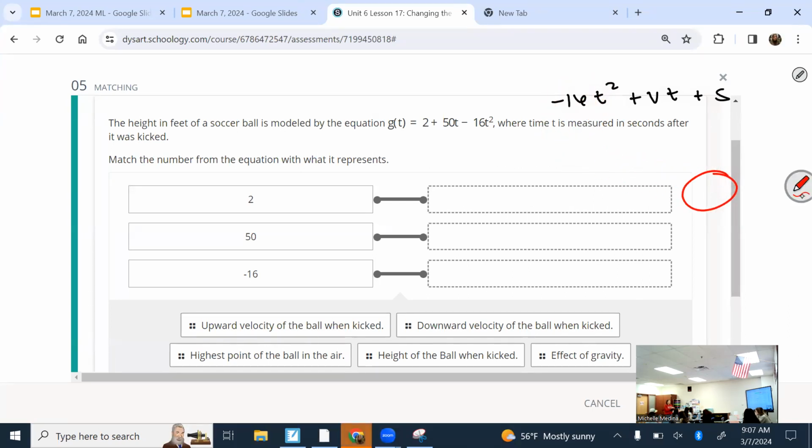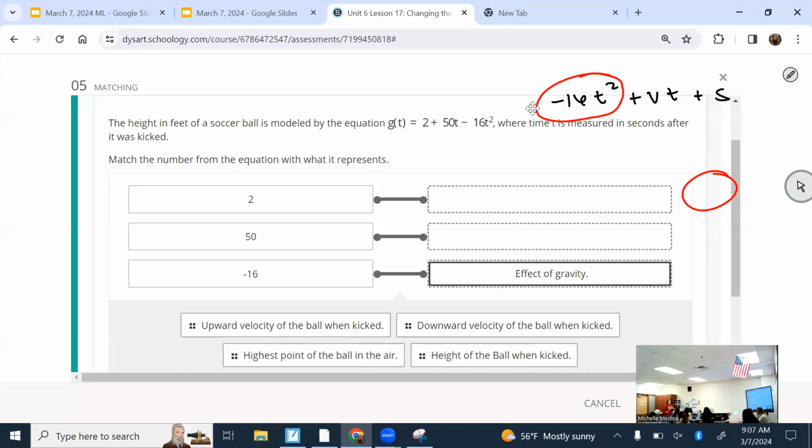So that -16 has to do with the effect of gravity. Anytime you see that in a projectile motion problem, that is affected by gravity. The rest, what does v stand for? Velocity.